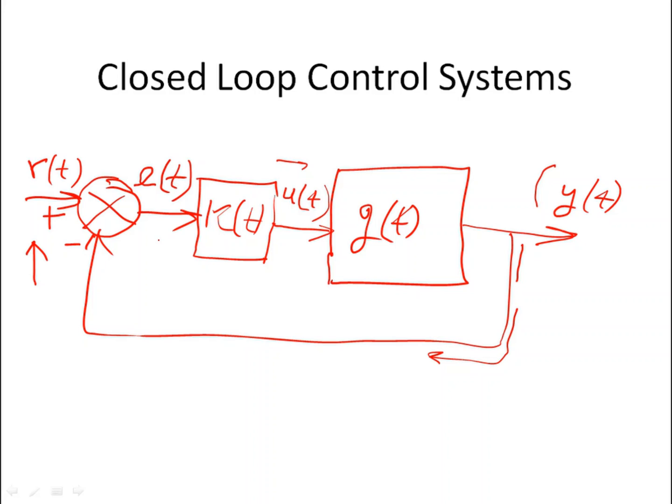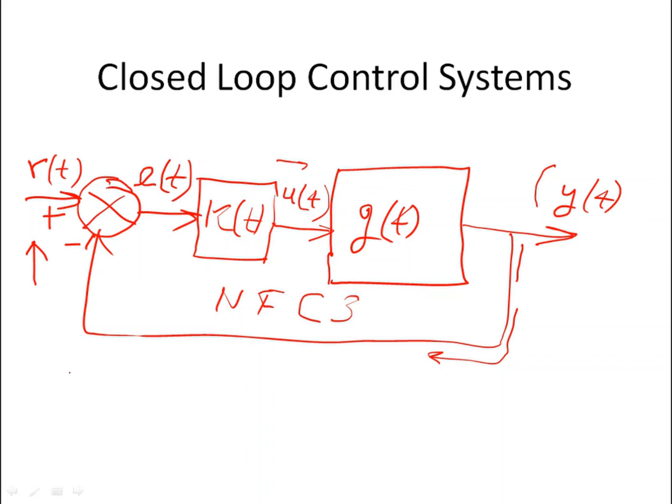This is irrespective of the earlier case when the input signal was driving the controller and the controller was driving the plant, but the output was not monitored and compared. So here I am comparing the output with the input through this special mechanism. This is called negative feedback control system. We call it negative feedback control system.